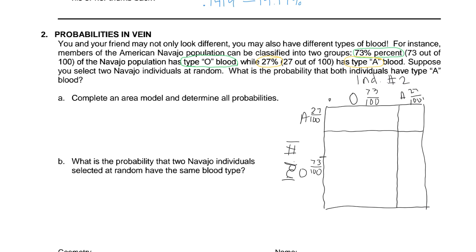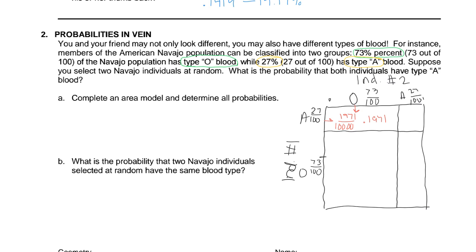So to figure out the probabilities on the inside, it's going to be the same kind of thing. Multiply your fractions. This one where we have A and O meeting right here, you're going to multiply 27 times 73. We're going to get 1,971 over 100 times 100, which is 10,000. So when we plug that into our calculator and get a decimal, we get 0.1971.